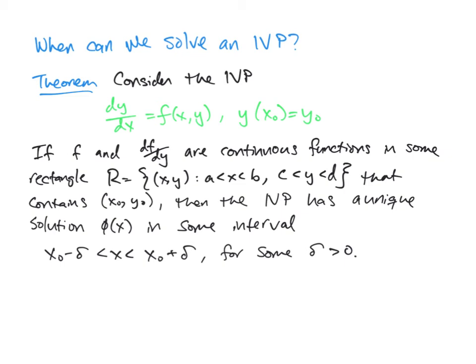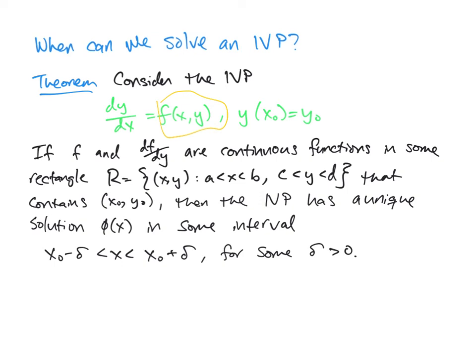So this theorem says that if the function f, which is not our solution y, it is the combination of things in our ODE when we have it written in this form, and if f and its derivative are continuous functions in some area around the initial conditions x naught and y naught, then the initial value problem has a unique solution phi in some interval.